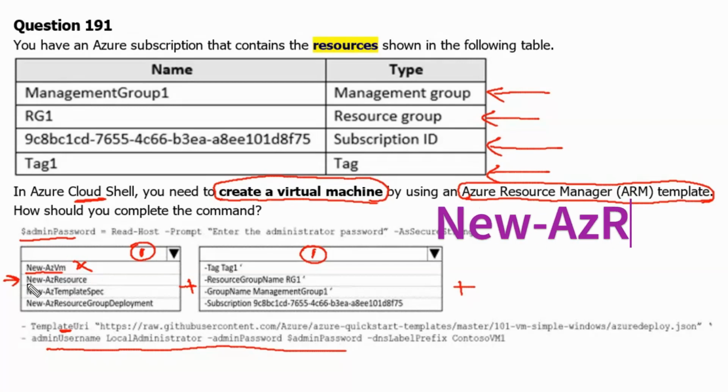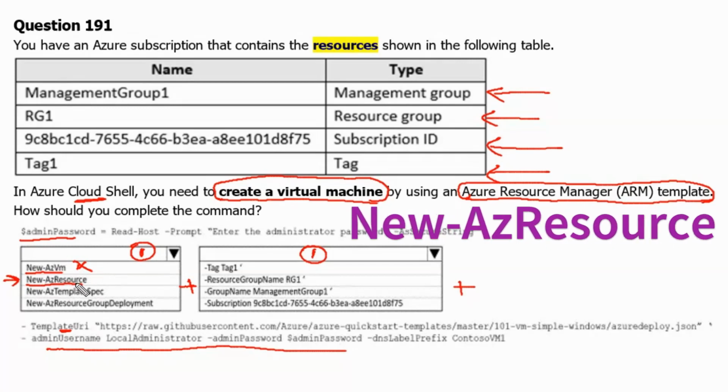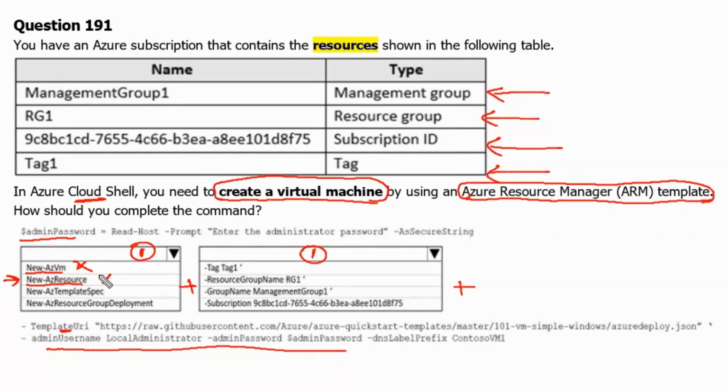Next command is New-AzResource. The New-AzResource cmdlet creates an Azure resource such as a website, Azure SQL database server, or Azure SQL database in a resource group. It doesn't take an ARM template as input.